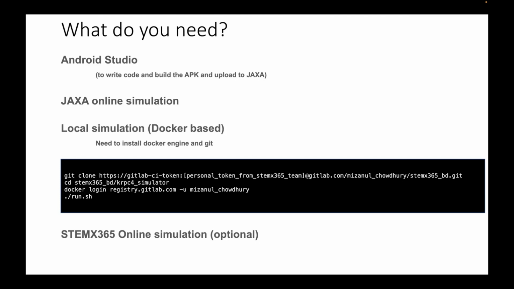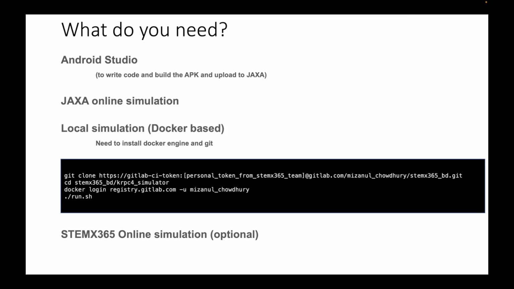Originally it was very slow, but recently I heard from our student that it is faster now. You can easily build the APK, upload it, and see the result. I recommend using the JAXA online simulation at the beginning, just to make sure that you can make score, because score is more important.